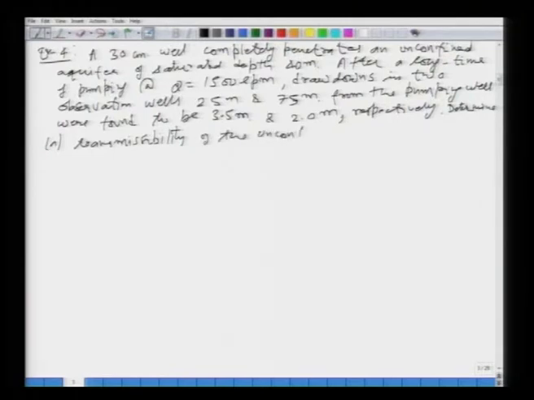That is number 1. And the second one, which is B, is the drawdown at the pumping well.